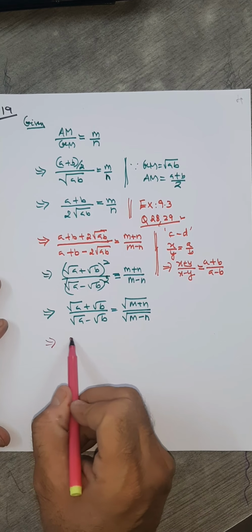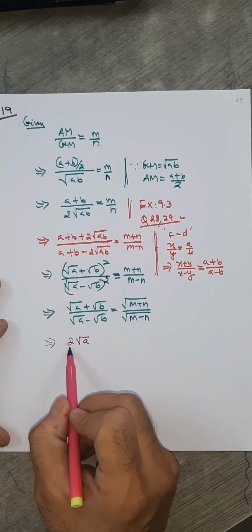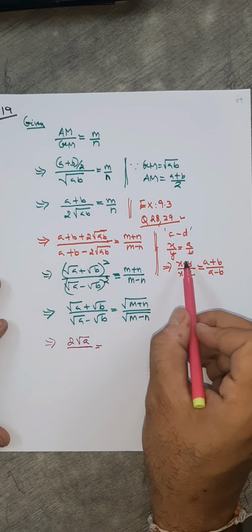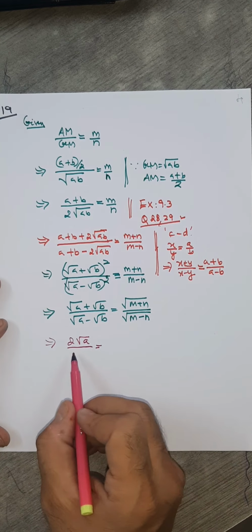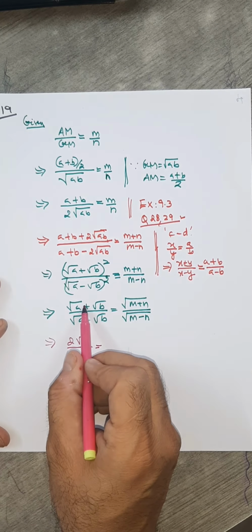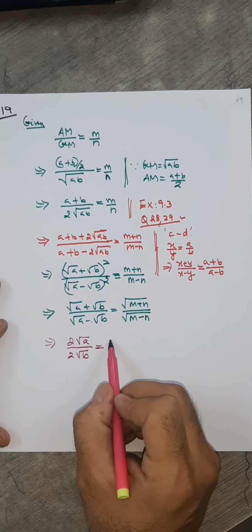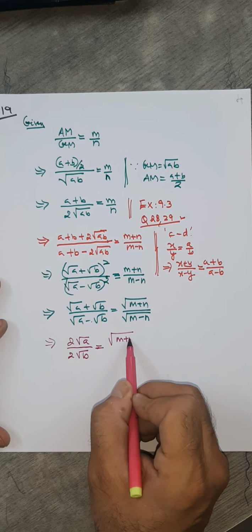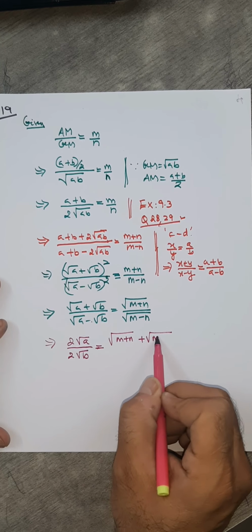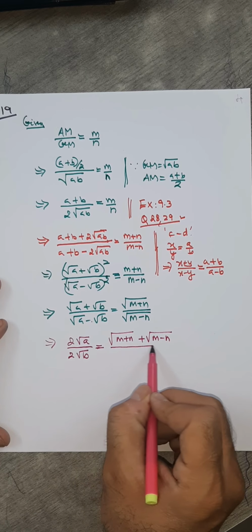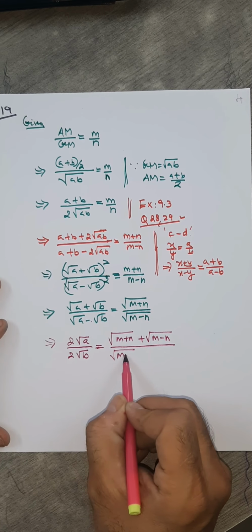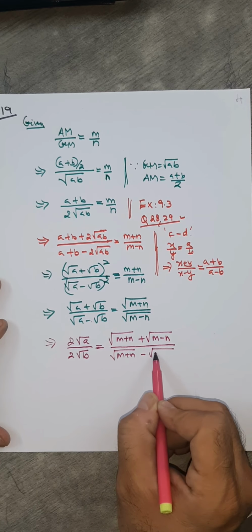If I add these two, it will be twice root a. What I did, I've used this again, CD rule. Now I'll subtract. We'll do this minus this, so it will be 2 root b. And the same thing should be done here. Root m plus n plus root m minus n upon root m plus n minus root m minus n.